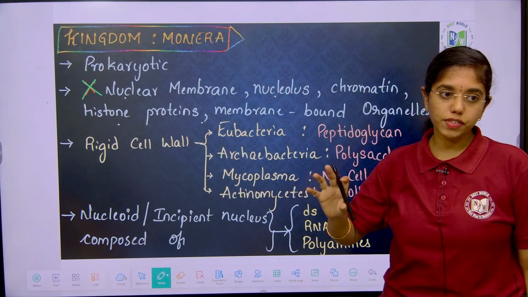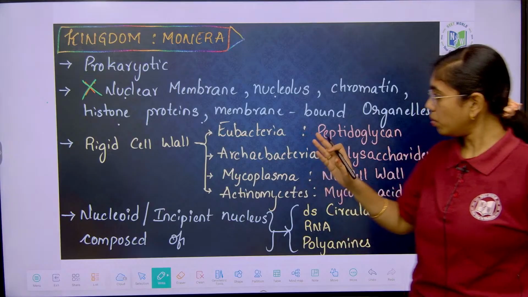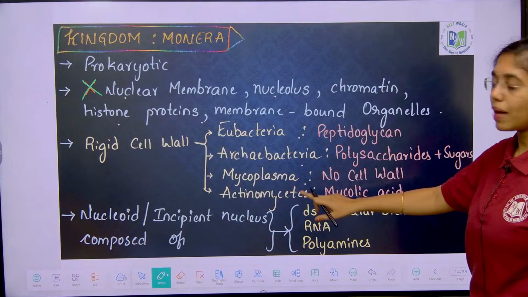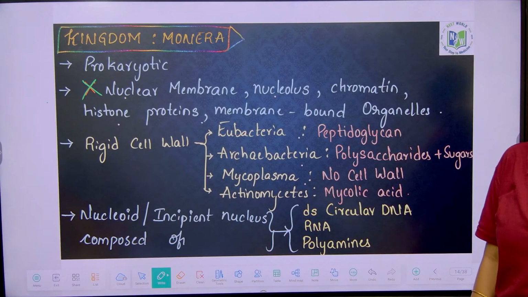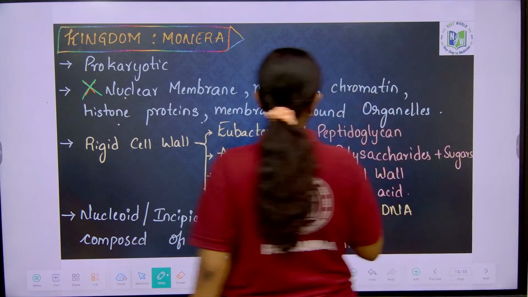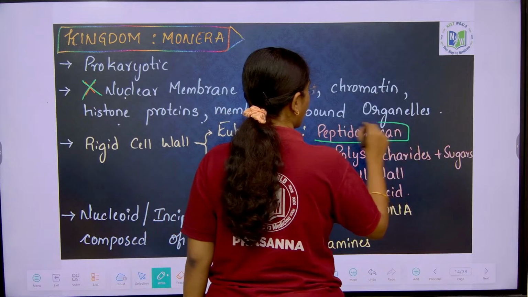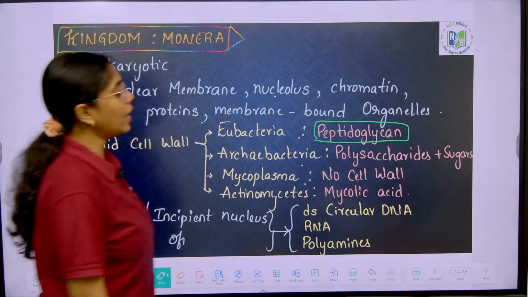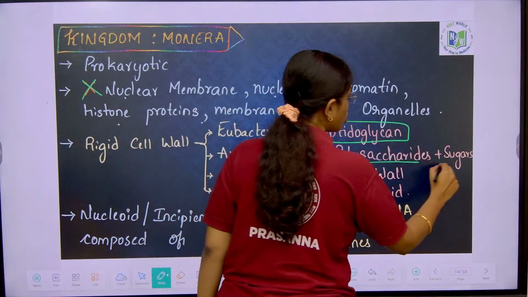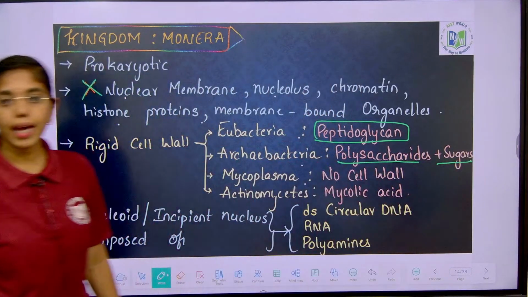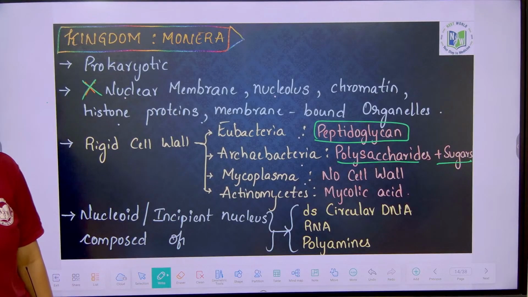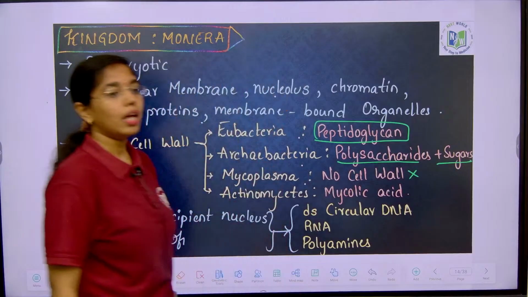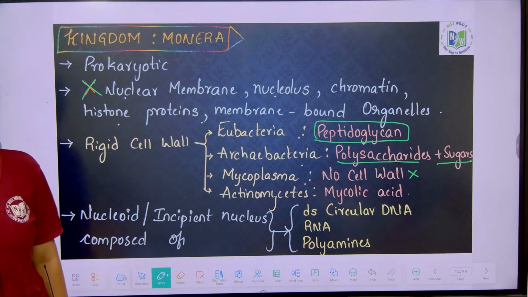Based on the mode of cell wall, they are again classified into eubacteria, archaebacteria, Mycoplasma, actinomycetes. Eubacteria cell wall is what? Peptidoglycan. You are well aware of this. Archaebacteria, polysaccharides and sugars. Mycoplasma doesn't have any cell wall. They are the jokers of the plant kingdom and they are pleomorphic.